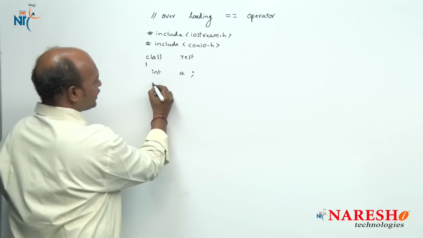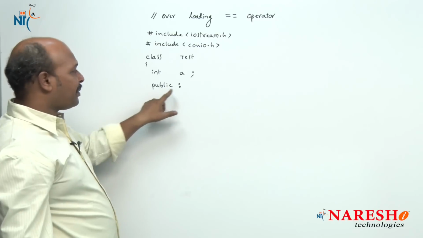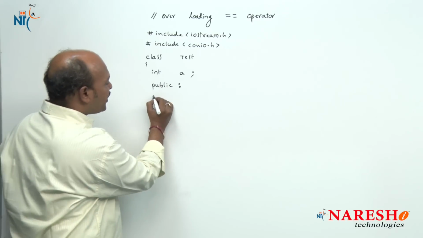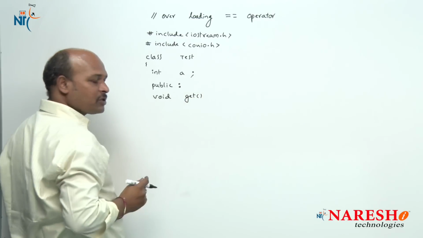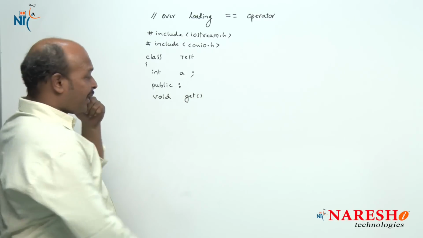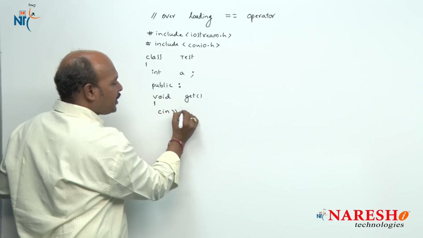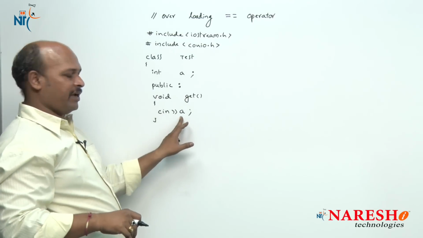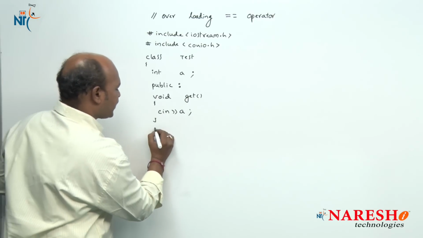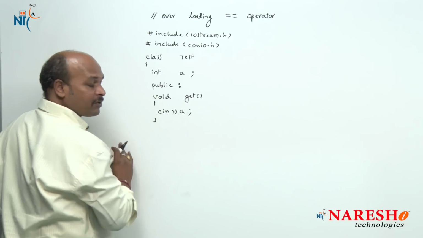Next in the public area, I want to read some data: void get, a member function, where directly I write cin a. We know that cin is going to read a value for a. Finish.